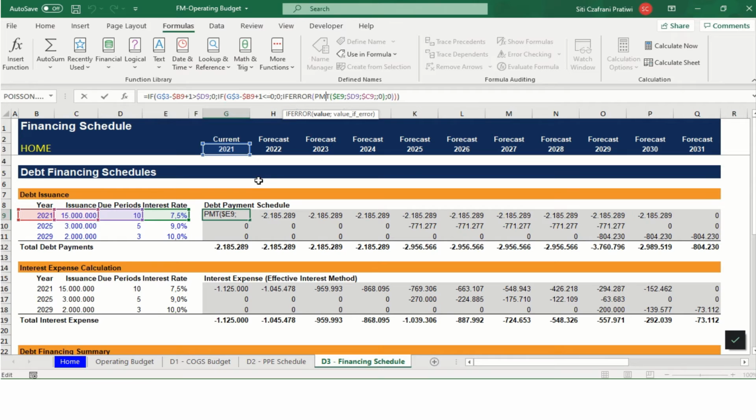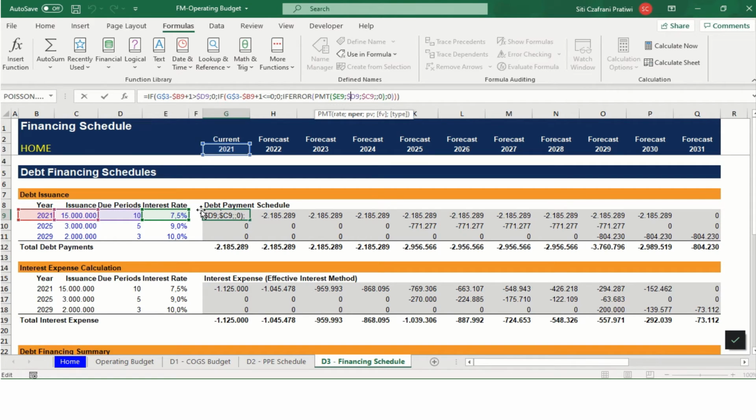The PMT basic value is here: rate. The rate here is the interest rate, which is 7.5%, in cell E9. Here we give a dollar sign in front of E so that it will be flexible to be dragged down vertically.